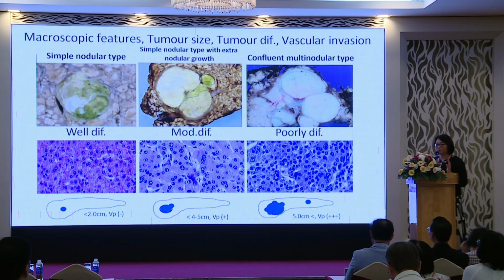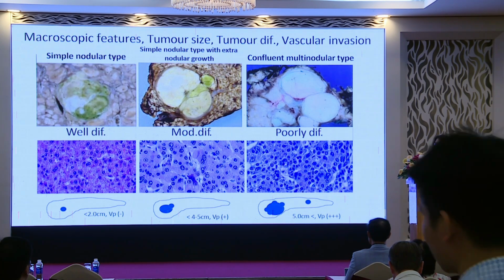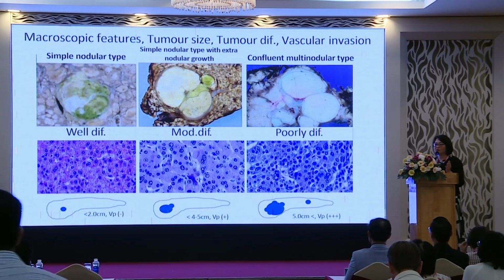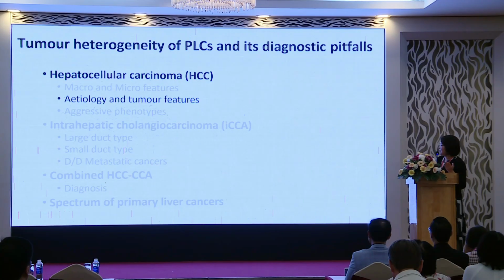However, I have to mention that this correlation is mainly seen in the context of viral hepatitis B or C, but not in steatohepatitis context or other contexts. That I'm going to explain now.